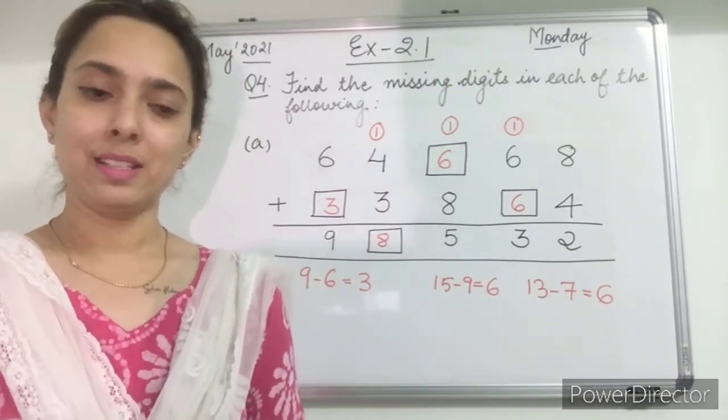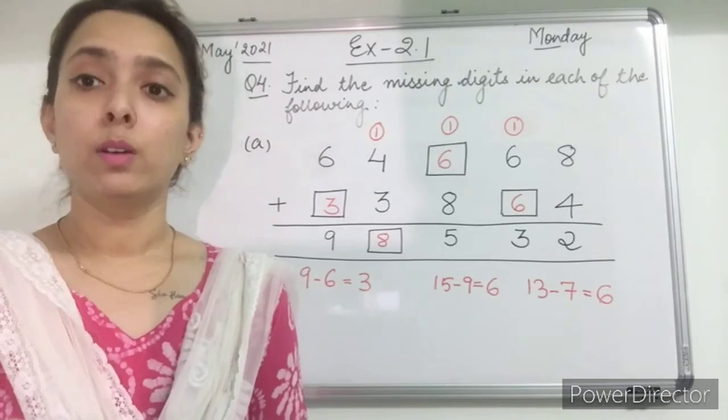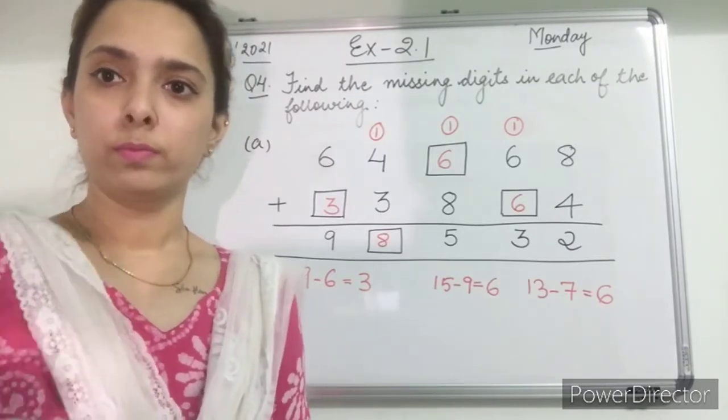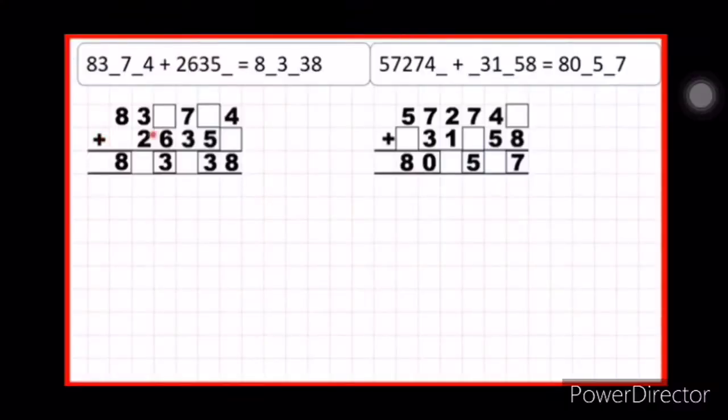Next question is question number 5, word problems. Let's start the word problems now. For column addition, we work from right to left, starting with our ones. Here we have 4 plus something, and we have an 8 as the ones digit of our answer. Now 4 plus 4 is 8, because 8 minus 4 is 4, so that's our first missing number.